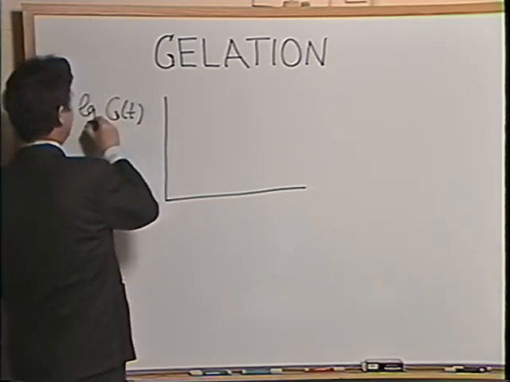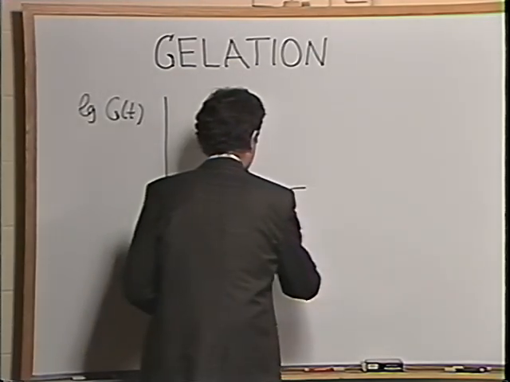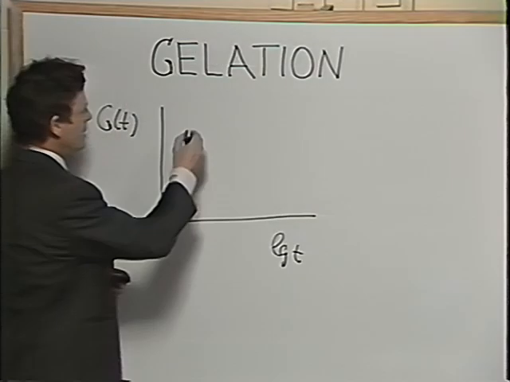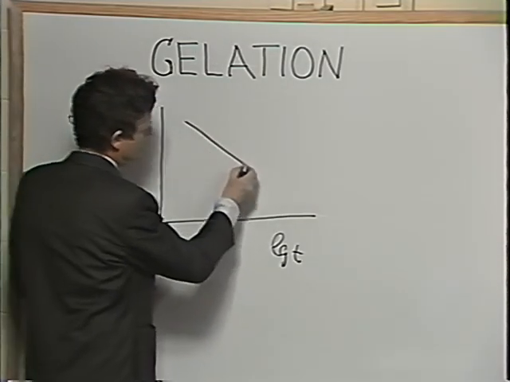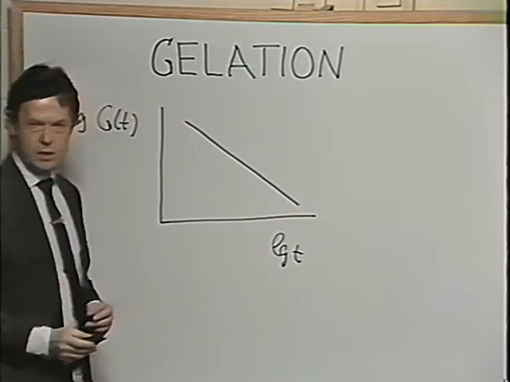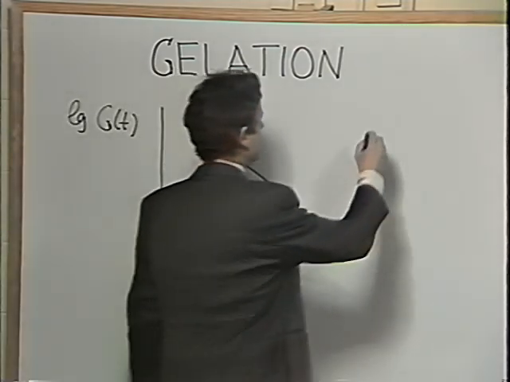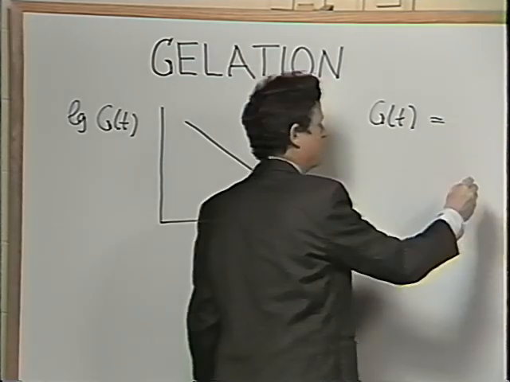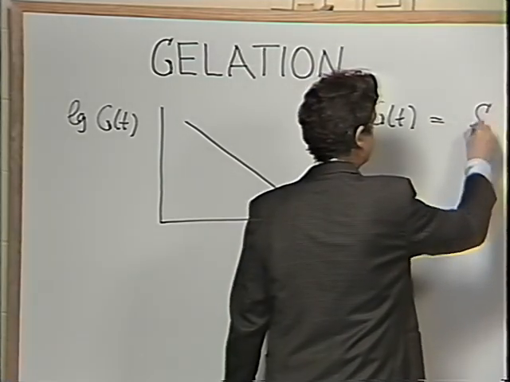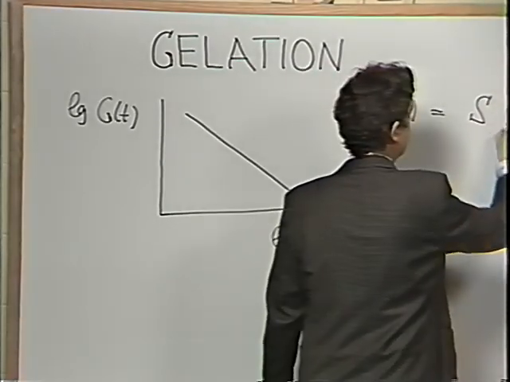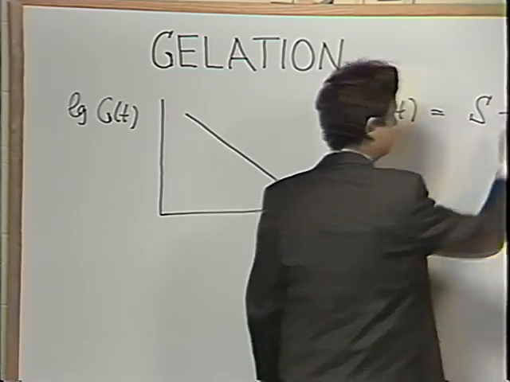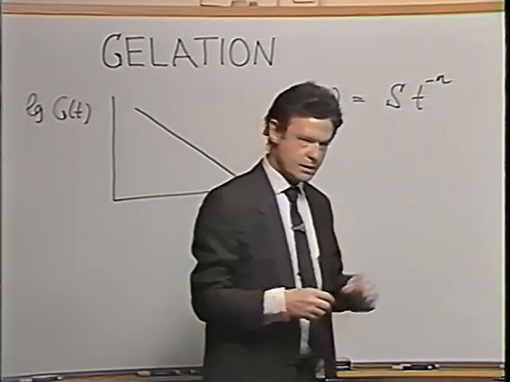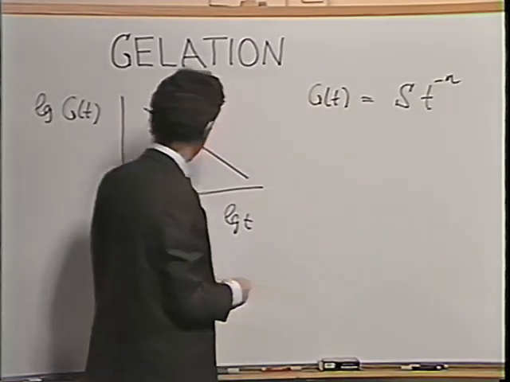So if you plot relaxation modulus versus time in a log-log scale, the material at the gel point follows a power law. So the relaxation modulus is given by a constant, let's call this S, times t to the minus n. It doesn't relax in a single exponential function. It really follows that simple relation.